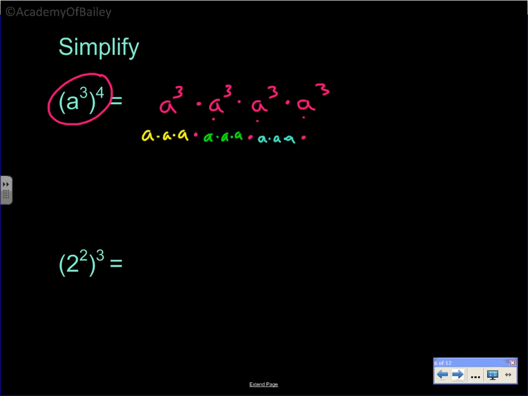And the last one here. So this is what we have. If we notice, they're all a's, and they're all being multiplied. And if we have a bunch of a's being multiplied, we can just say it's a to what power? Well, let's count them. 1, 2, 3, 4, 5, 6, 7, 8, 9, 10, 11, 12. That would be a to the 12th power. A cubed raised to the 4th power is a to the 12th power.